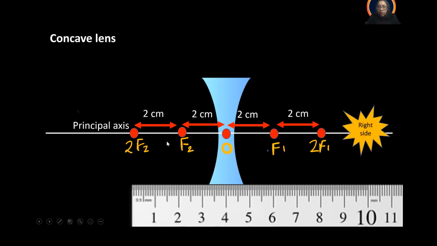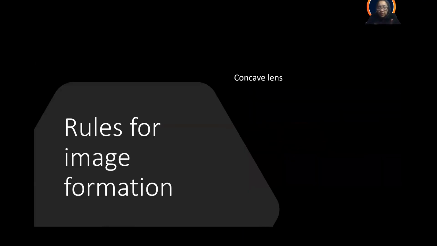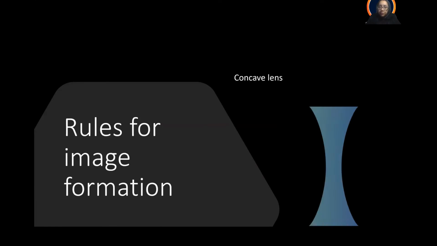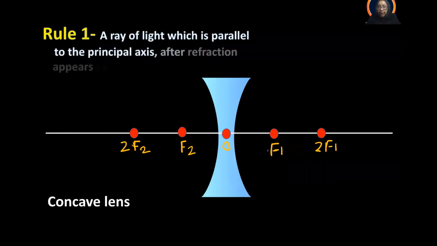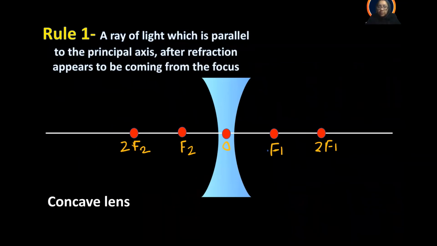Now, another important thing is that we will remember the rules just like the convex lens. So the first rule is a ray of light which is parallel to the principal axis, after refraction appears to be coming from the focus. So we know that it diverges. So it appears to be coming from the focus.